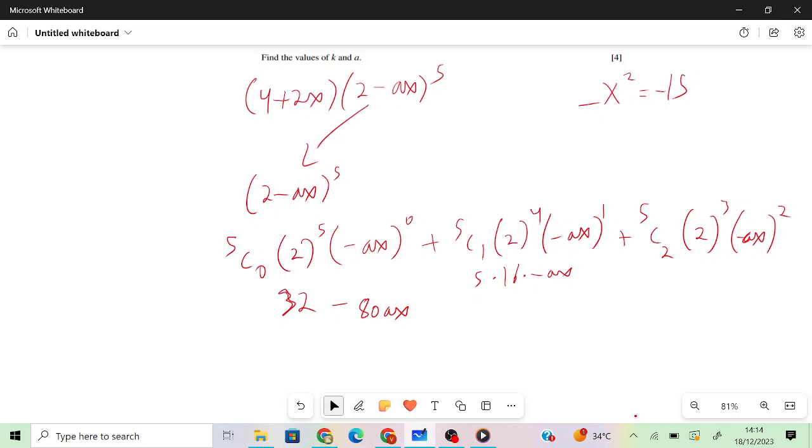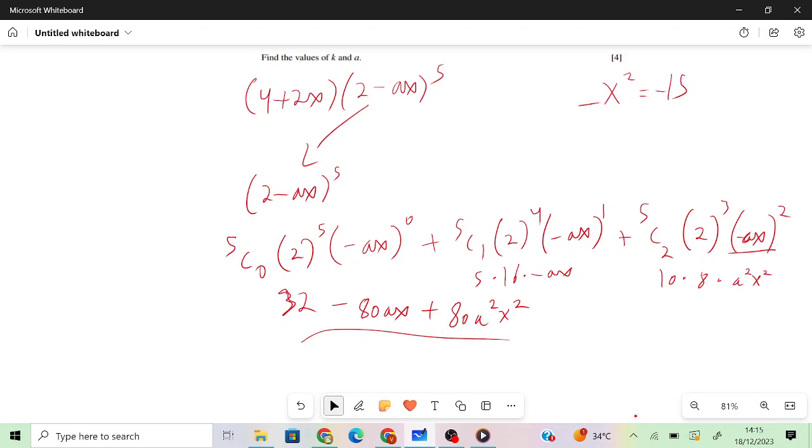And then 5C2 is 10, so it's 10 times 2 to the power 3, which is 8, into a squared x squared, because it's (−ax) all squared, so both of them get squared, and 10 times 8 is 80, so this becomes plus 80a squared x squared.